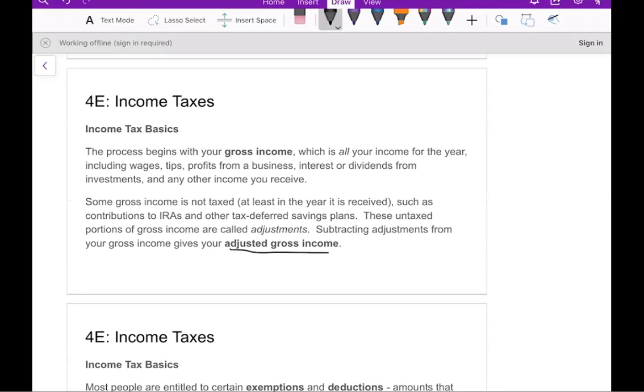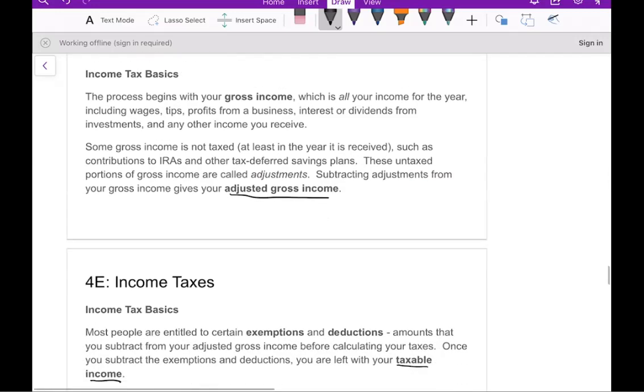Now, some of your gross income is not taxed, or at least it's not taxed in the year that it's received. Examples of those are things like contributions to IRAs or other tax-deferred savings plans. These untaxed portions of your gross income are called adjustments. Once you subtract these from your gross income, that gives you your adjusted gross income.